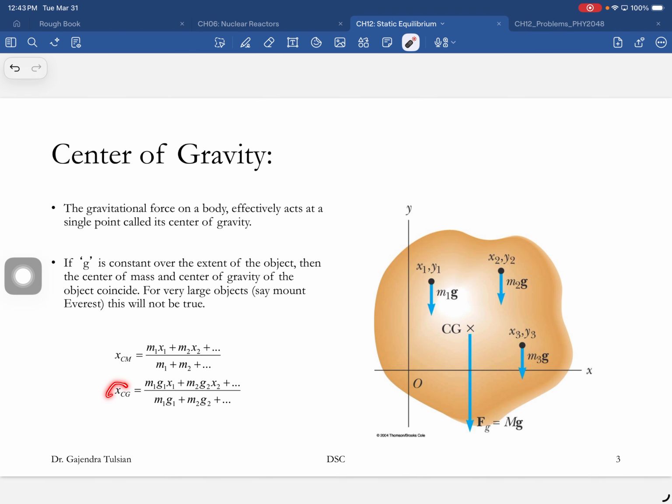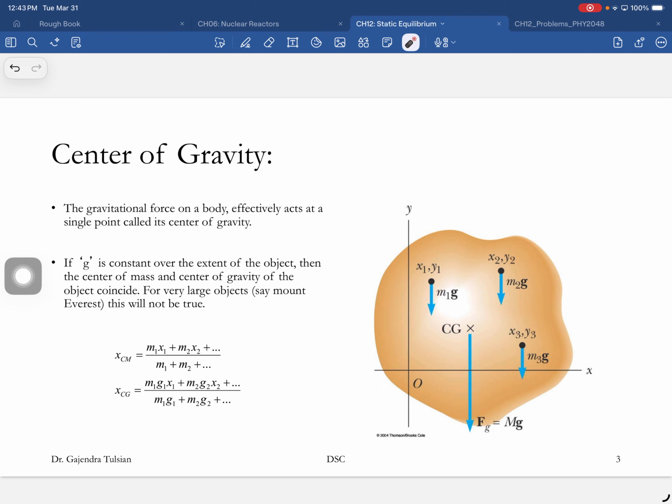Now, if you wanted to find the center of gravity, you would use the same formula except that you include the acceleration due to gravity at that point, and then divide by the weight of each of those masses.